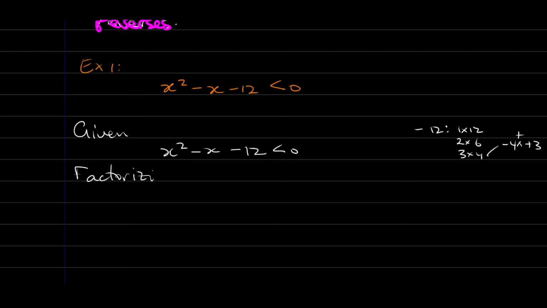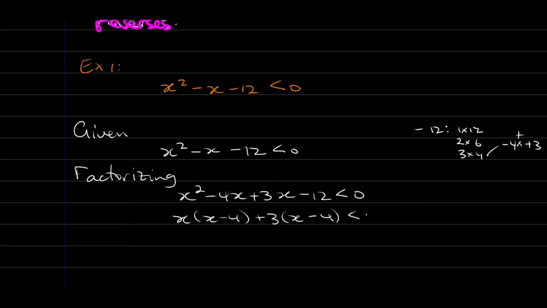factorizing. Then we have x squared minus 4x plus 3x minus 12 less than 0. And we're going to say x into x minus 4, and then plus 3 into x minus 4 less than 0. And I'm going to have x plus 3 close bracket into x minus 4 close bracket less than 0.